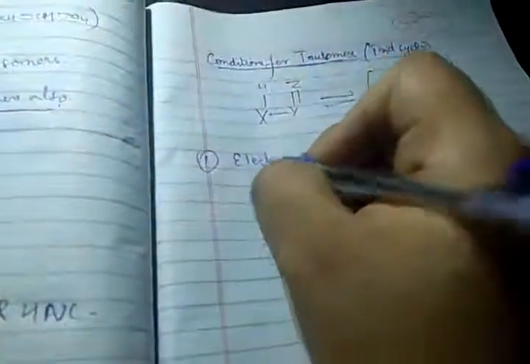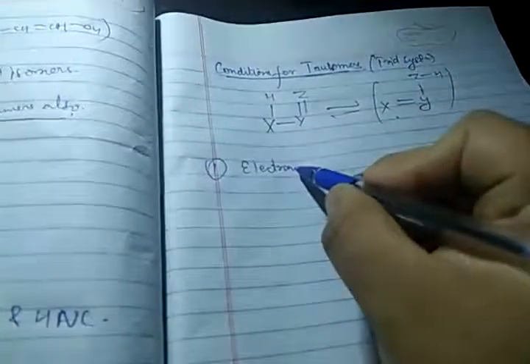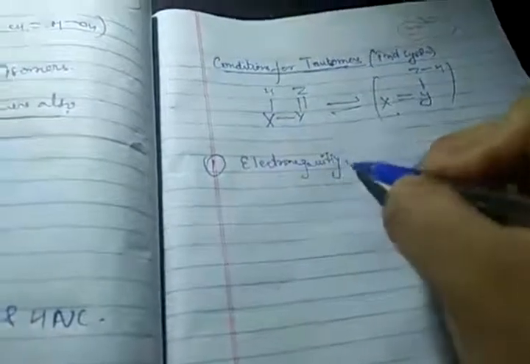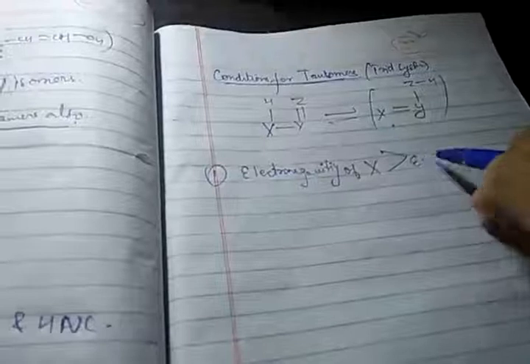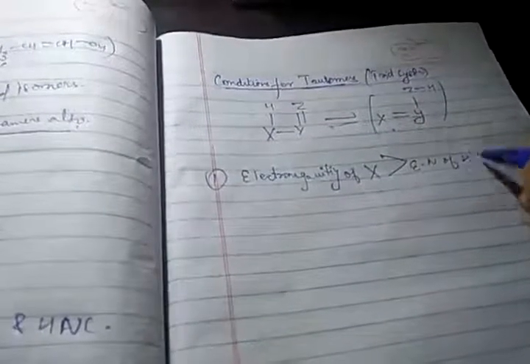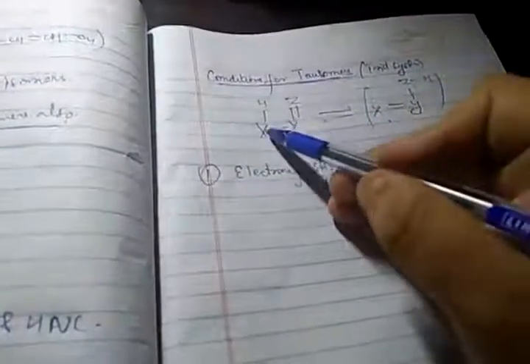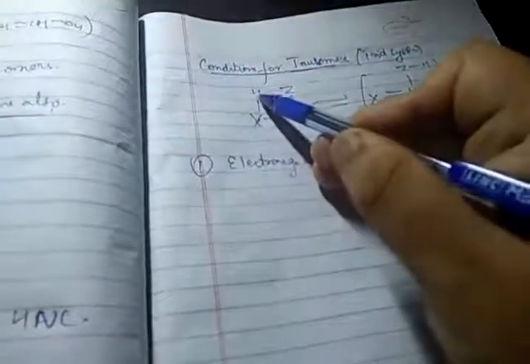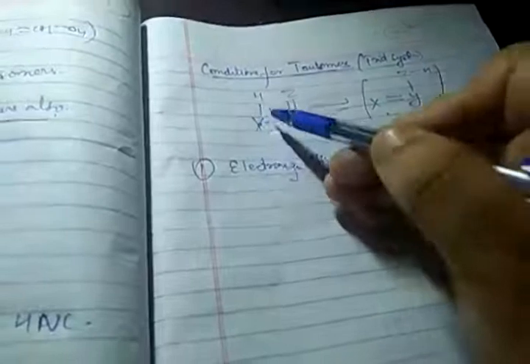Now, what should be condition number one? The electronegativity of X should be greater than the electronegativity of H. Over here it should be carbon, or that particular atom whose electronegativity is greater than that of hydrogen.